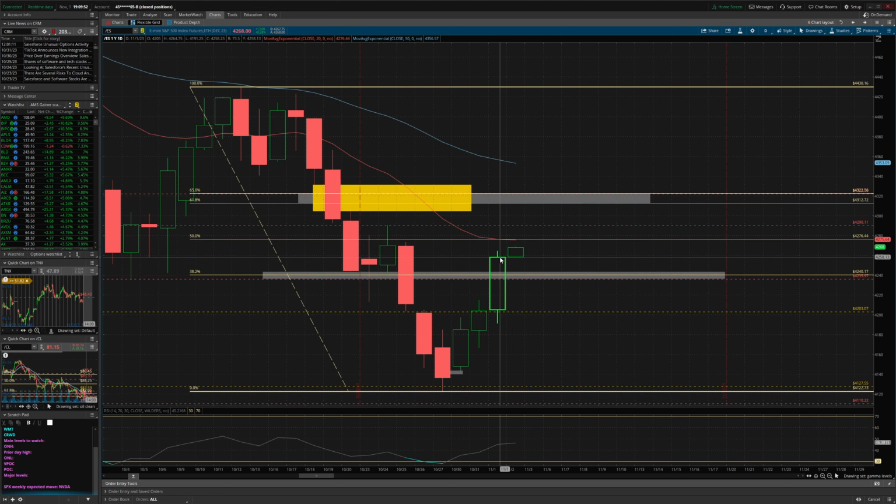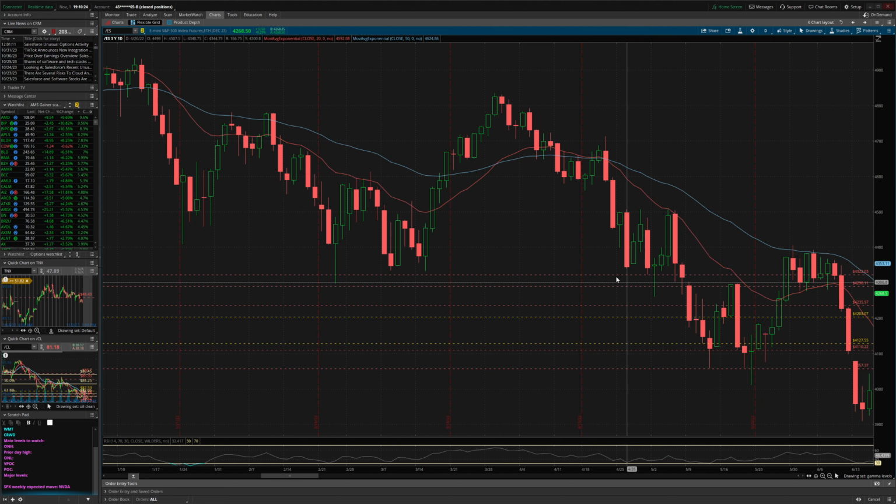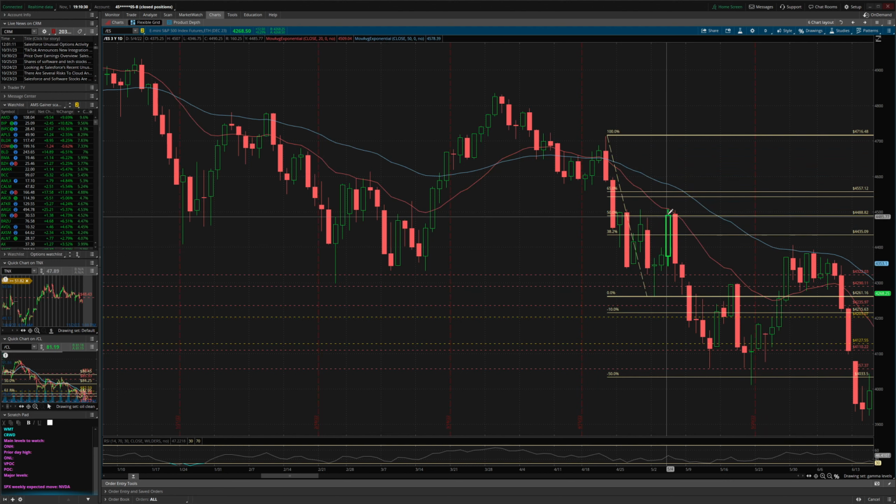Something probably like this, right? We broke the downtrend, we trade into the mean reversion, and then drop, which I believe also aligns. Just going by this example, something around those lines: 50% retracement, daily 20 MA, mean reversion, drop down.